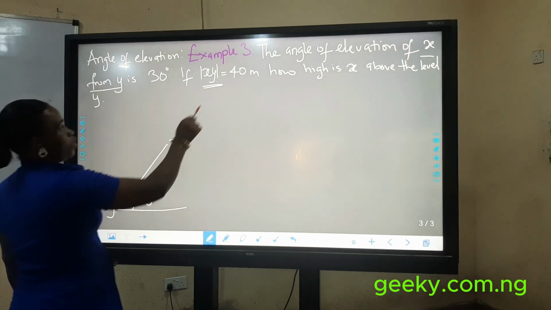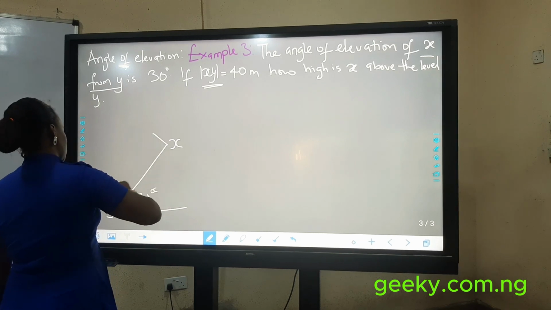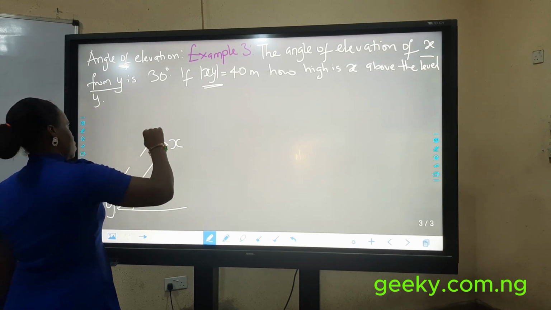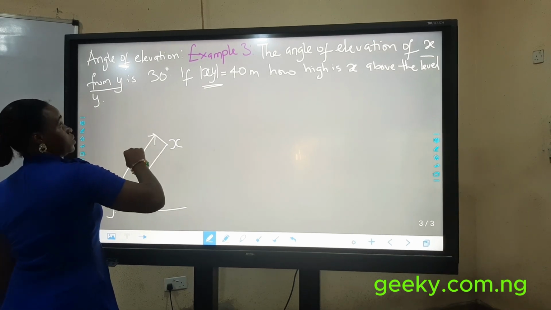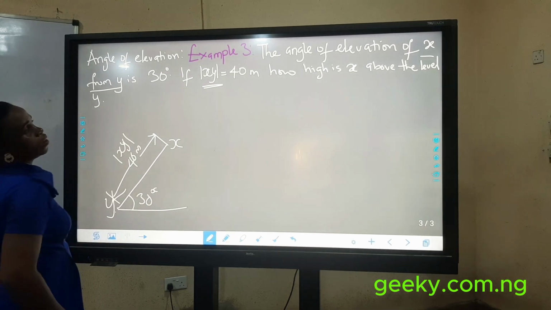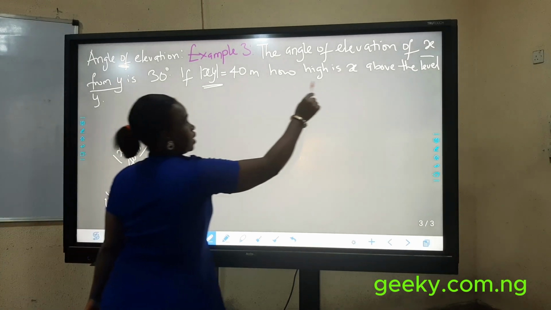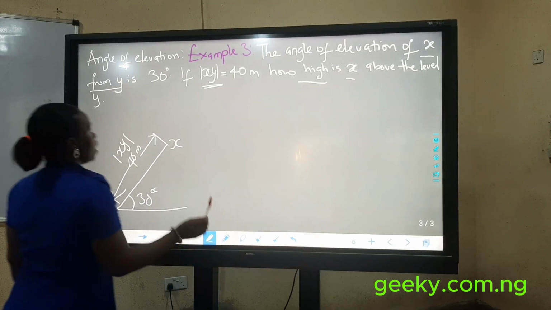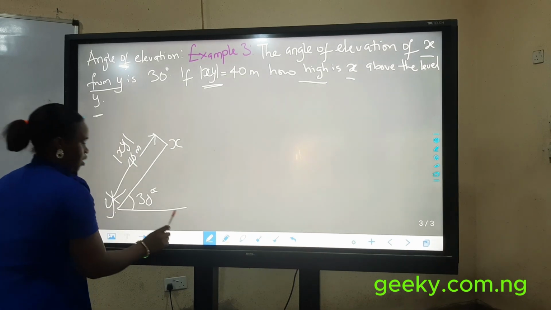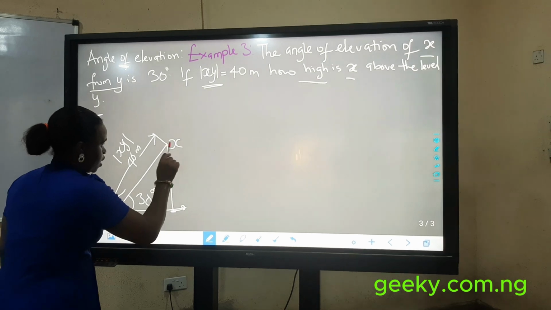If the magnitude of xy is 40 meters, that's this magnitude, 40 meters. How high is x above the level of y? So this is the level of y. How high is x above the level of y?